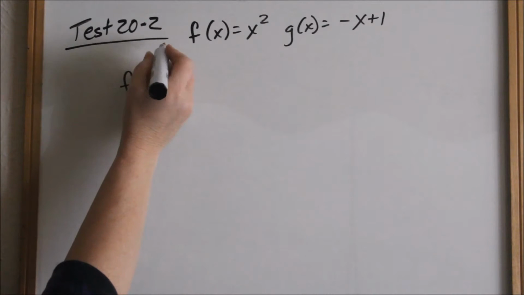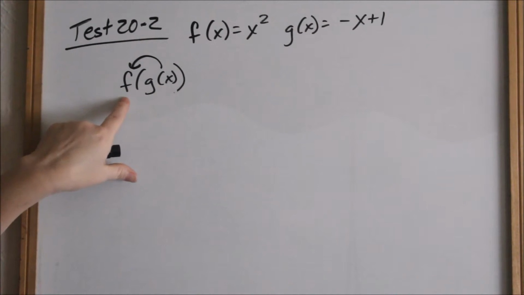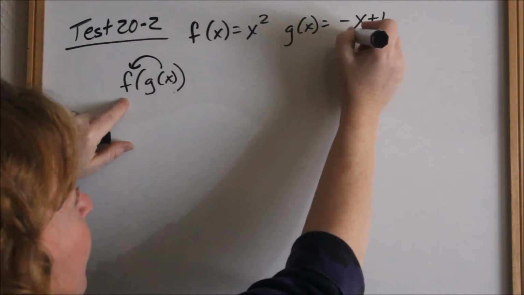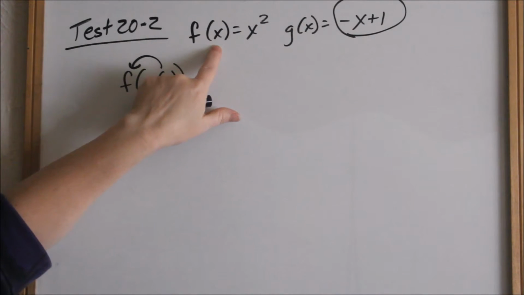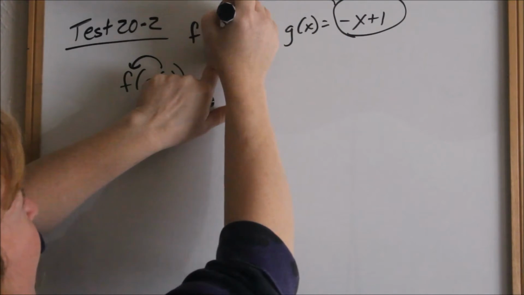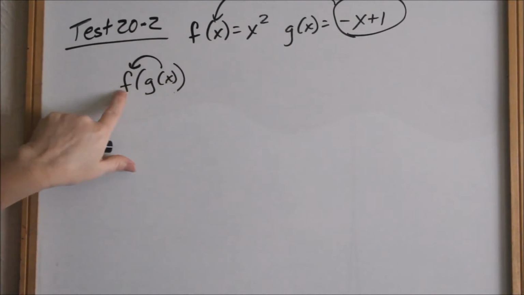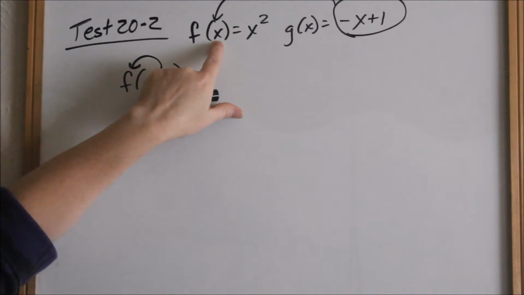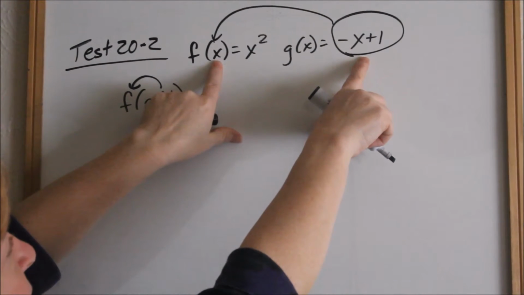In other words, you are taking g of x and putting it into f of x. So you're basically saying, I'm going to put g of x in for x, and everywhere you're putting in an x, you're putting in whatever this is.